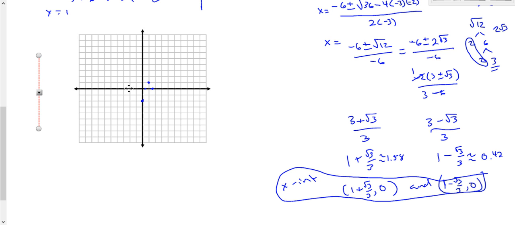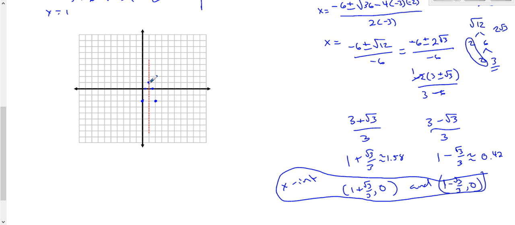The other thing to consider is that parabolas are symmetrical. If I draw a line going through my vertex, I can create a line of symmetry. Looking at an established point like my y-intercept, I see that it's 1 unit away from that line of symmetry. So if I stay at the same value of y and go 1 unit away on the other side of the line, I can use symmetry to graph another point.